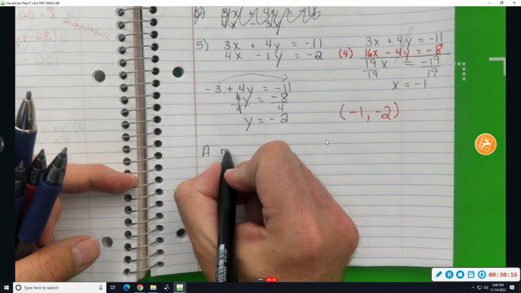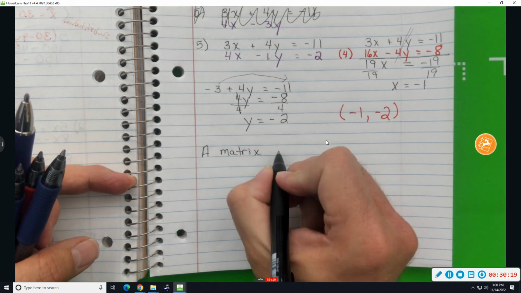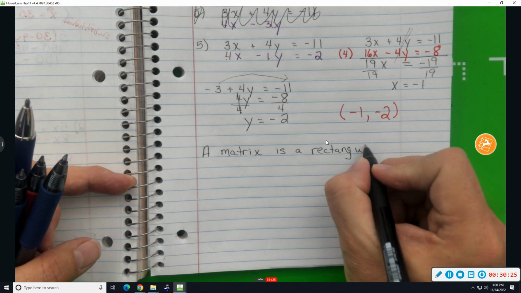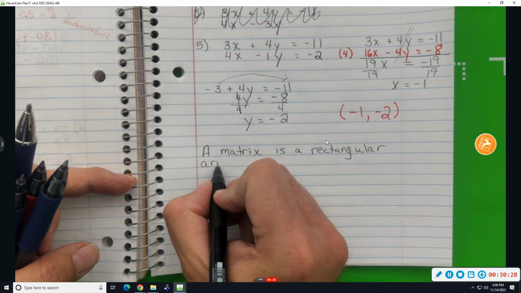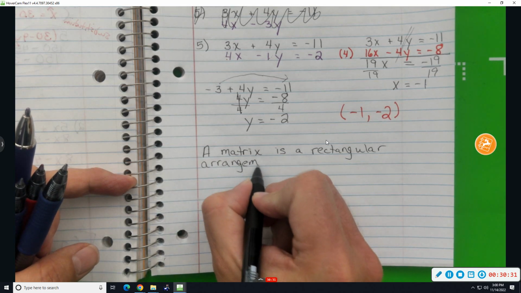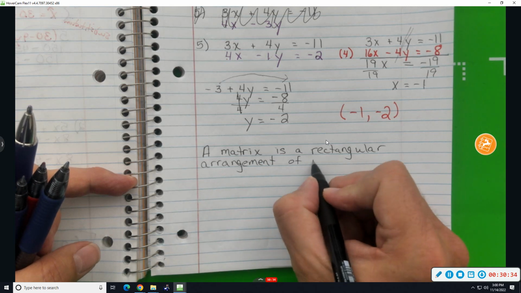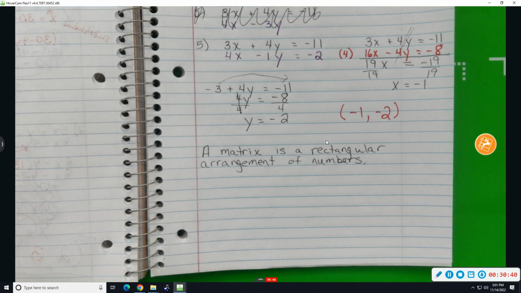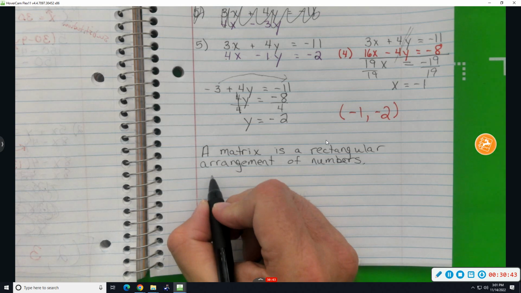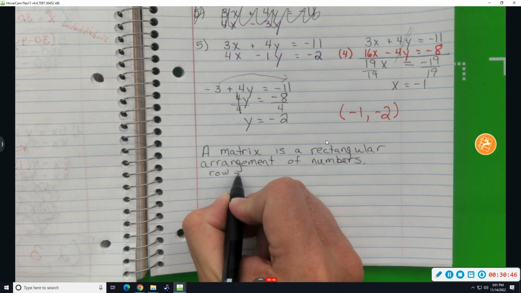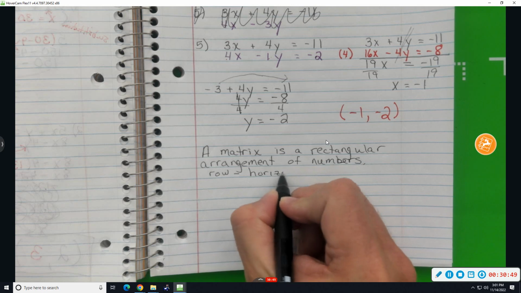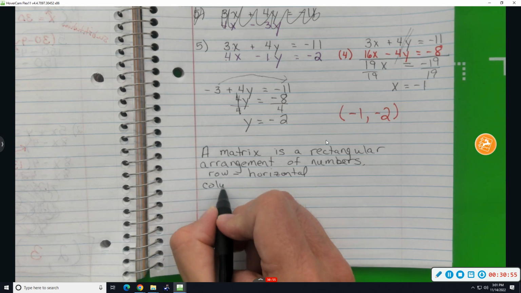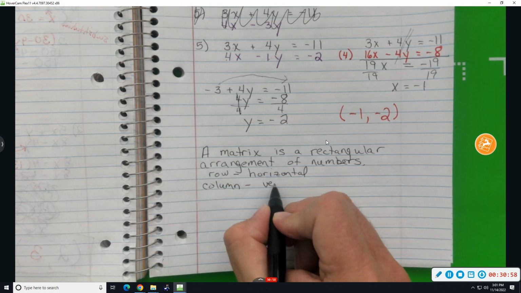Some terminology. A matrix is a rectangular arrangement of numbers. So if we just have a rectangular arrangement of numbers, the word rows refers to the horizontal, and the word columns, those are the vertical.